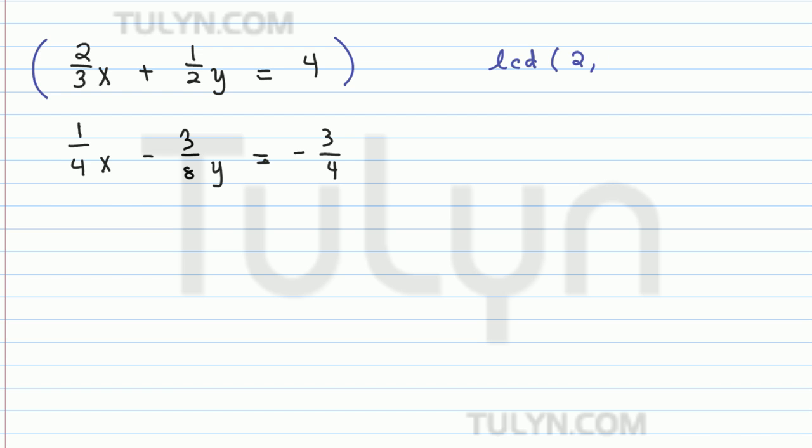So we got 2 and 3, and the lowest common denominator of 2 and 3 is 6. So we want to multiply this whole equation by 6. And for the second equation, we want to find the lowest common denominator of 4 and 8, and in this case, it would be 8. So we want to multiply the second equation by 8.